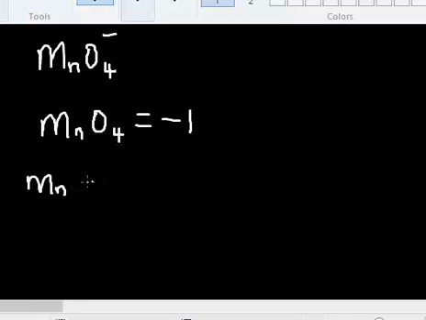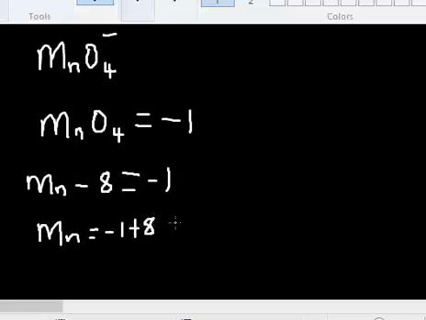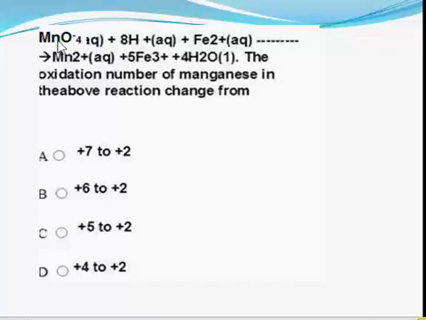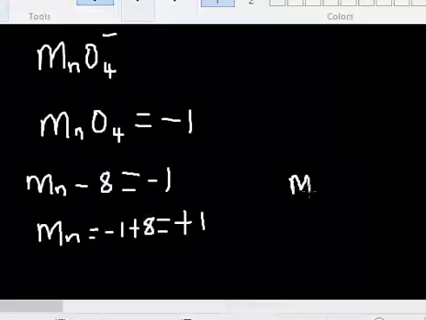Then of course this is 4 times minus 2, that is going to be minus 8. Oxygen, the valence of oxygen is minus 2, so it's equal to minus 1. So I'm having Mn now is going to be equal to minus 1 plus 8, which is plus 7. But at the product side, manganese here is just Mn2 plus. At the product side, we have manganese being 2 plus.